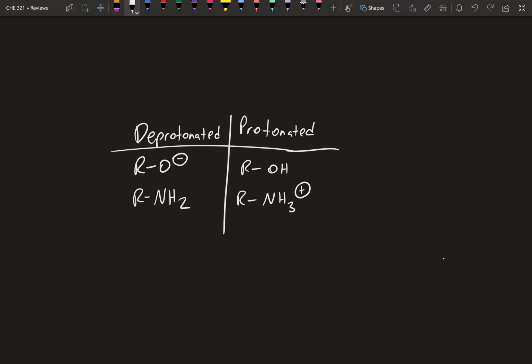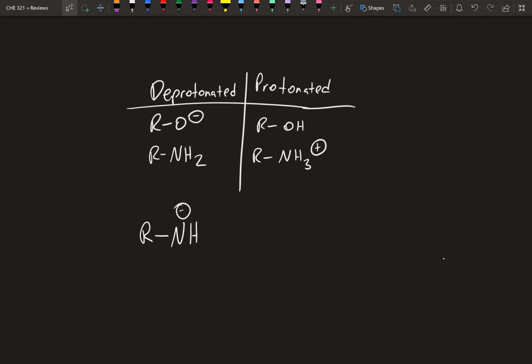You're not going to have a deprotonated amine of R NH and be left with a negative charge. Okay? So just be very careful about that. That's going to be how our amine groups look.